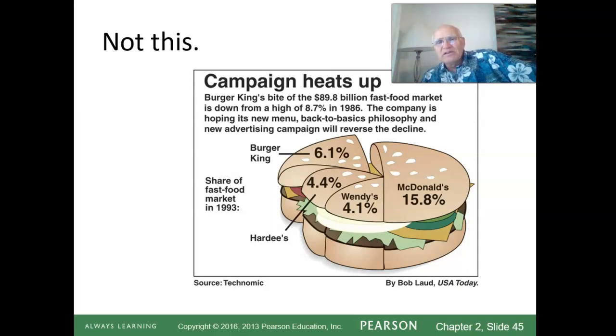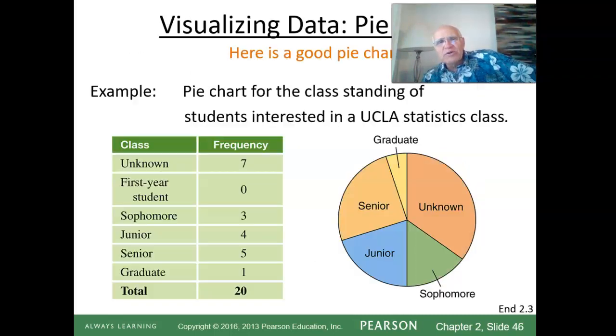So this is a problem because they're not showing the entire pie that adds up to 100%. So this is also in the news in USA Today. I find that interesting because USA Today usually does a much better job of this. But it does show the McDonald's is about 4 times as big as Hardee's or Wendy's, but not appropriately done.